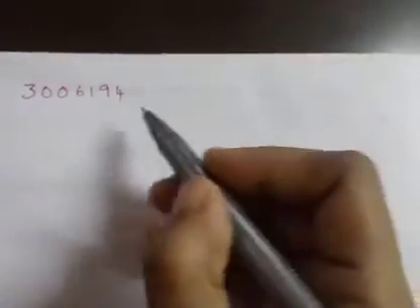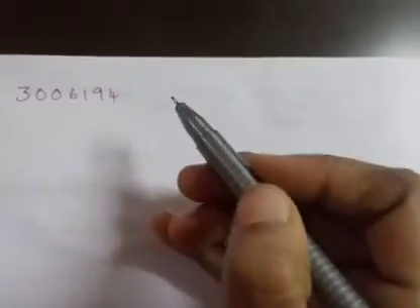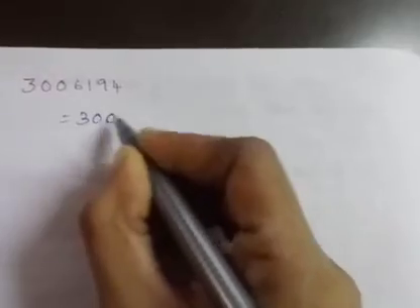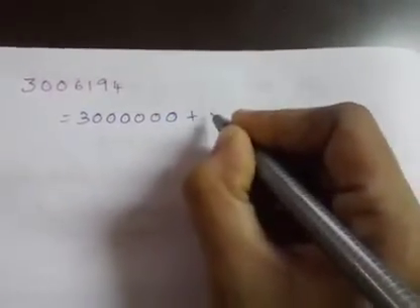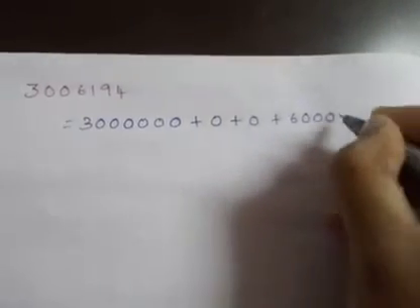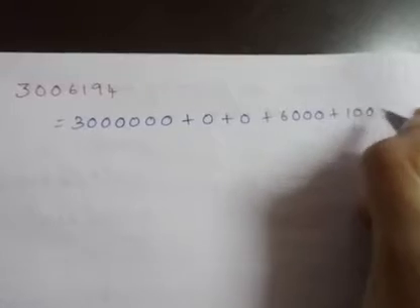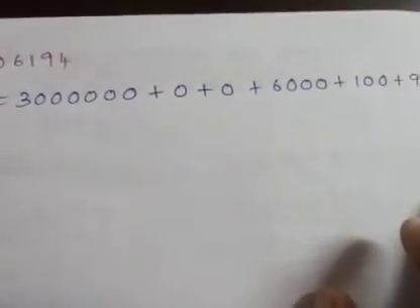Okay. This is your second problem in that subdivision. 3006194. It is actually 30,06,194. So usually how will you expand it? 3000000 plus 0 plus 0 plus 6000 plus 100 plus 90 plus 4. Yes, this is how you will expand it, right?